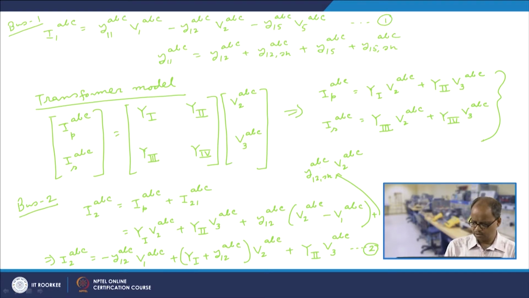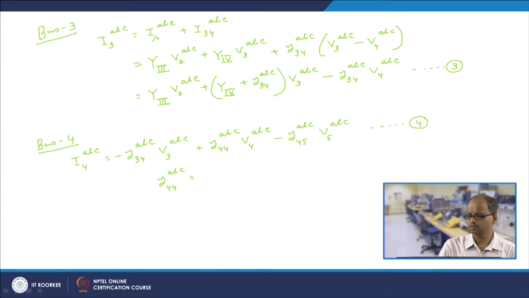So here also another term will come, and this term would be y12 shunt ABC. Similarly here also plus it should be y34 shunt ABC into V3 ABC.